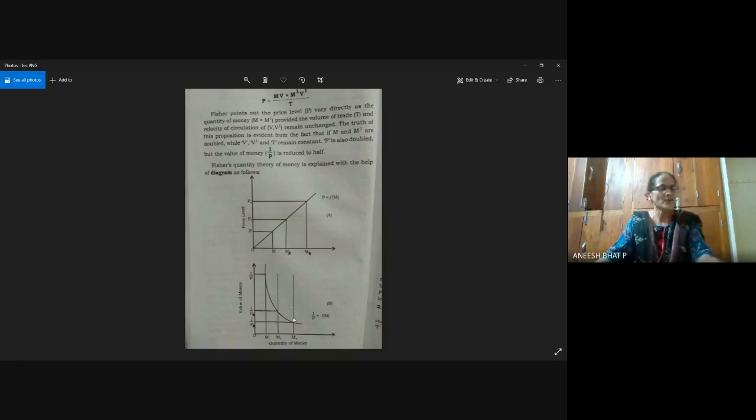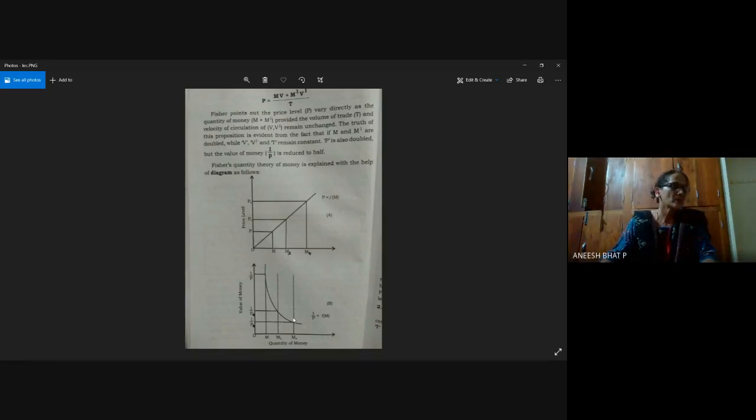So it is always an independent variable, and also there are certain variables like M dash. All these are interdependent on each other. And again, this theory fails to measure exactly the value of money.